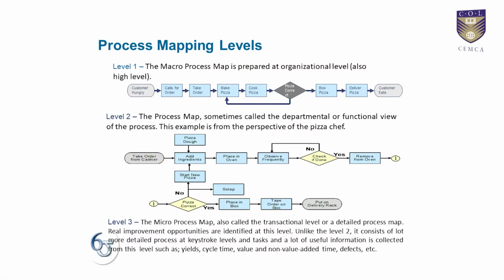Then you get contacted by the bank representative. So by this point I have covered around 10-12 steps, which was actually only step number 1 in the macro process map. So these are the different levels of process mapping we need to do.